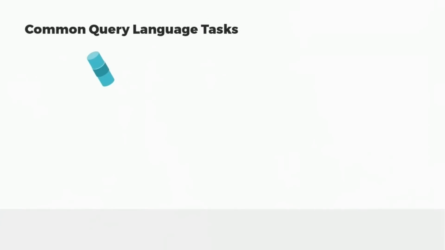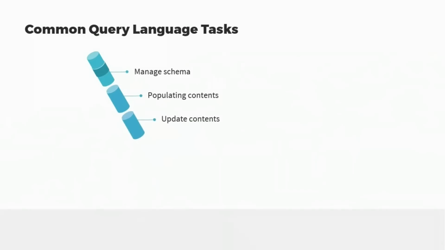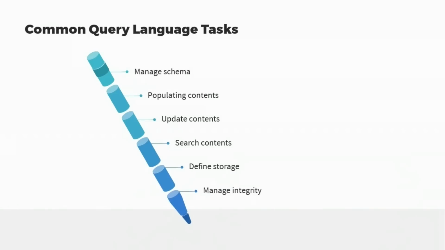To expand upon that, common query language tasks include managing the schema or the structure of the database itself, which refers to the types of objects that can be created within a database, most notably the tables that store the data and how they relate to each other, populating those tables with data in the form of records, updating or modifying the contents when needed, searching for records, defining the storage locations of the data, and managing what's referred to as the data integrity, which can include several methods, but a common example is by using what is known as a constraint, which limits or restricts the data that can be entered.